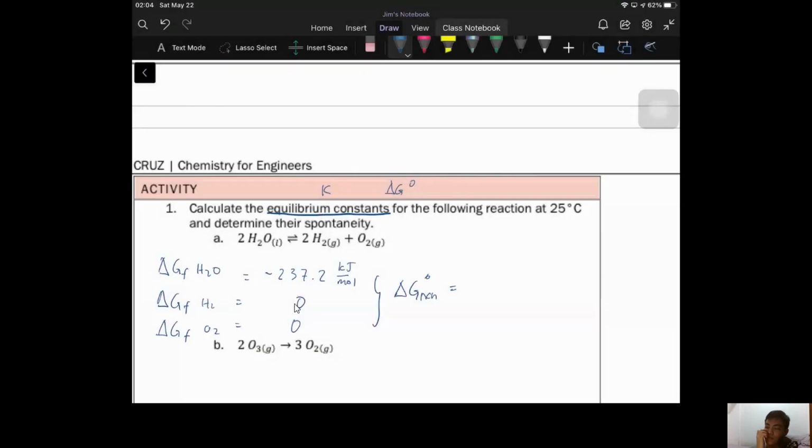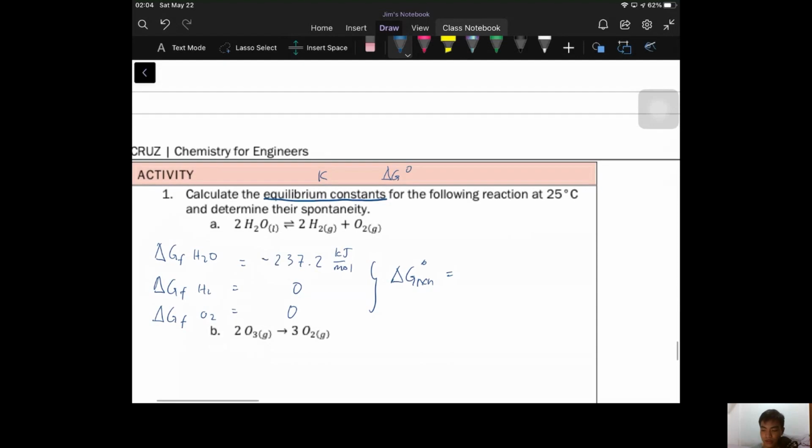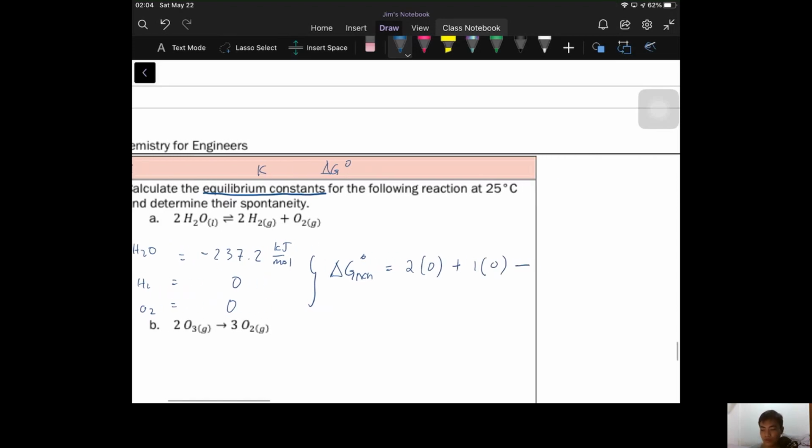So, with those values in mind, we can solve for the standard free energy change. That is products minus reactants. So, 2 moles times 0 for hydrogen gas. 1 mole times 0 for oxygen gas minus 2 moles times negative 237.2 kilojoule per mole.